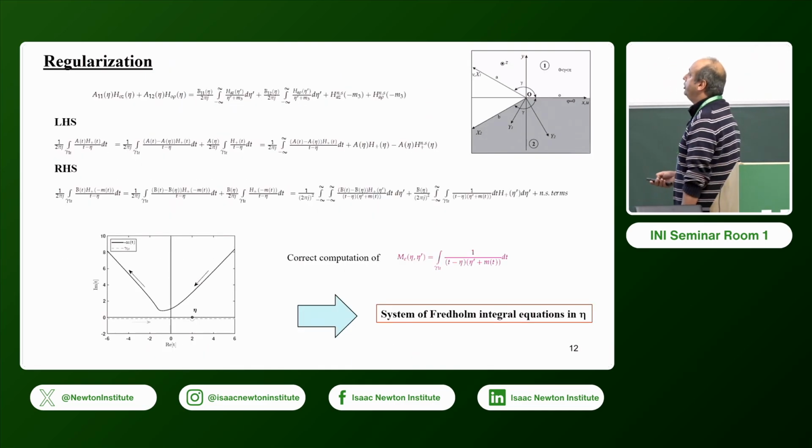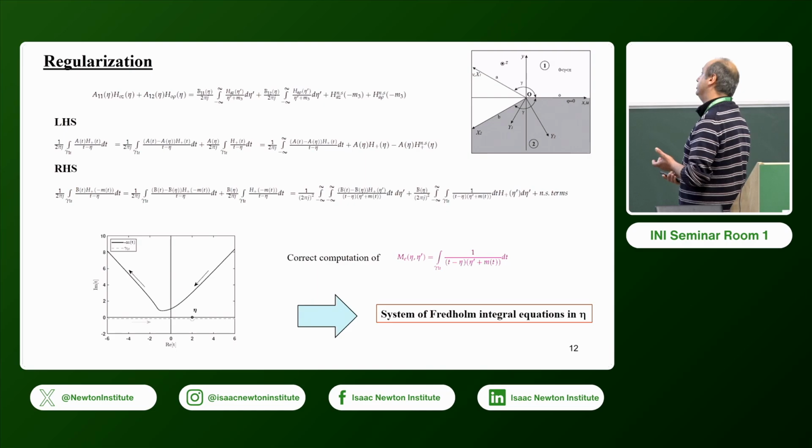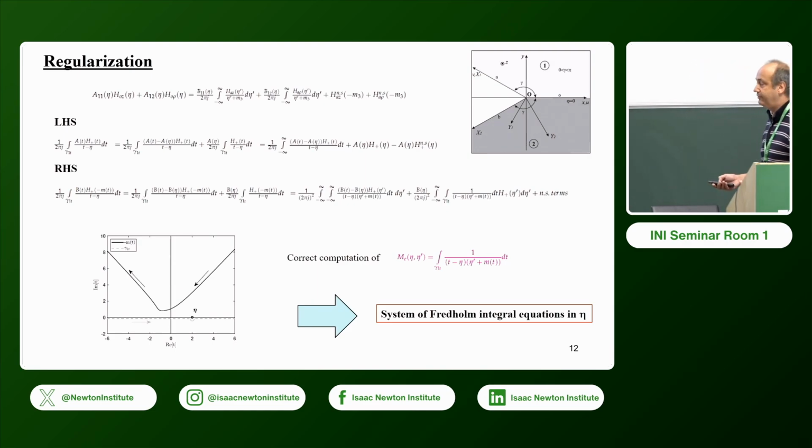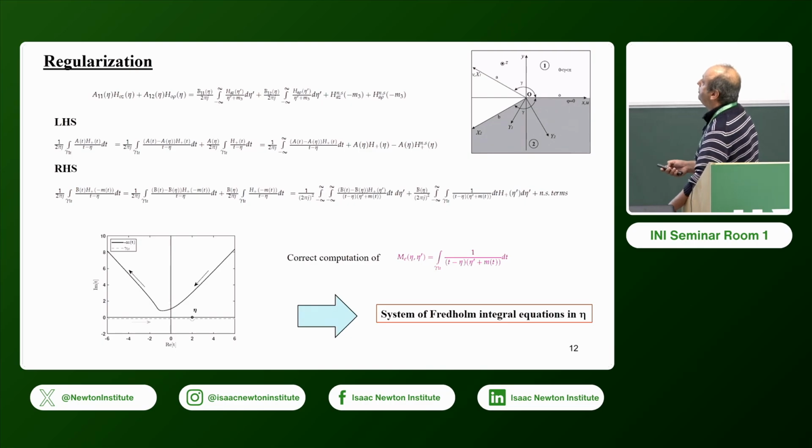So now we go into the regularization, what we have done for Fredholm integral equations, usually in classical Wiener-Hopf equations. So we perform the smile contour on the left side and the smile contour on the right side, and then we make some mathematical trick to get compact kernels here.